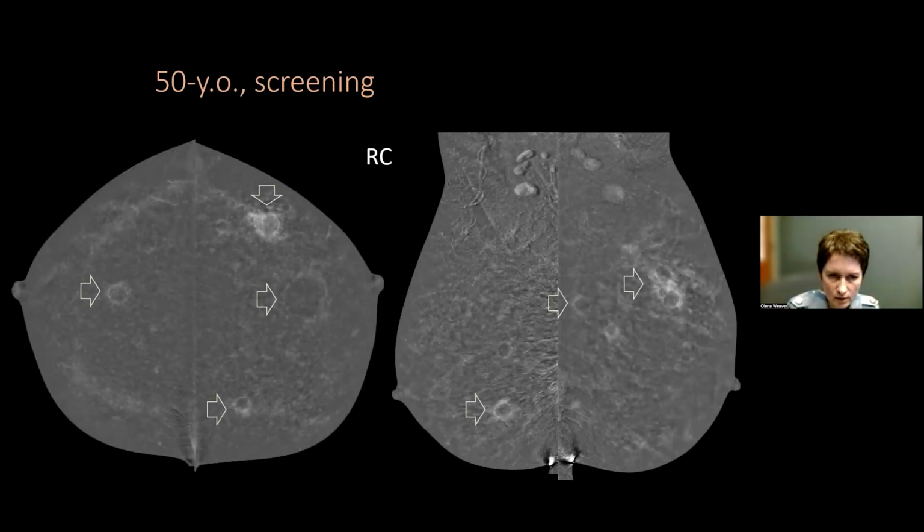So you can see multiple little punched out looking oval and round masses with dark center, and some demonstrate a thin rim of enhancement just like this. But some of them have some thicker rim enhancement or enhancement surrounding the finding, and some are more than others. In this case, you can also see little circumscribed masses with no internal dark center.